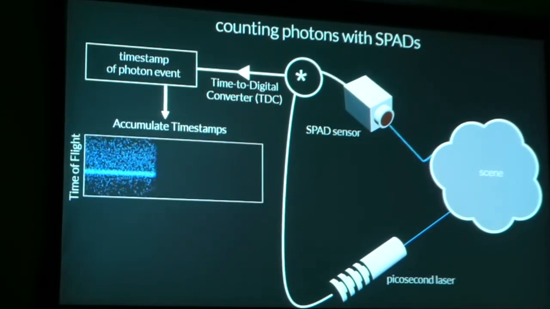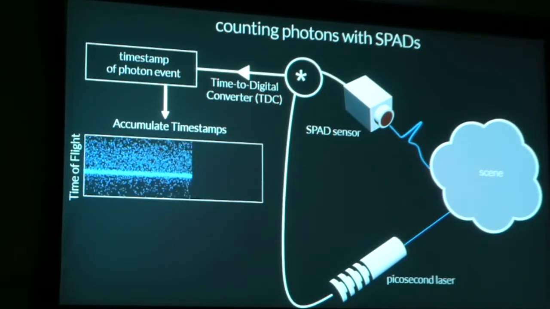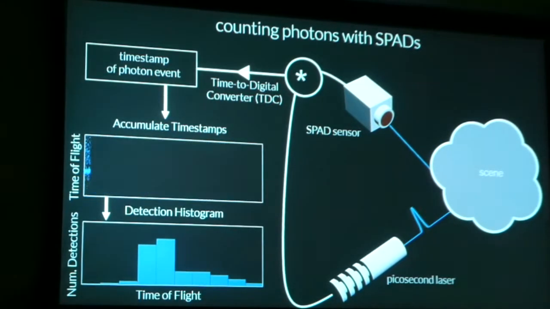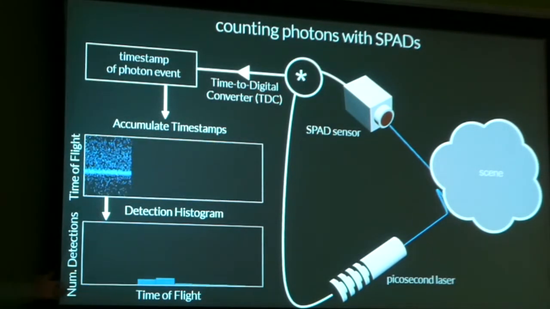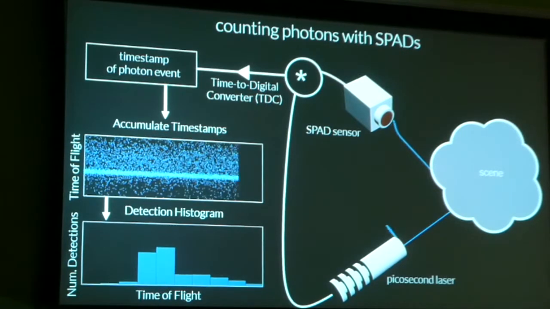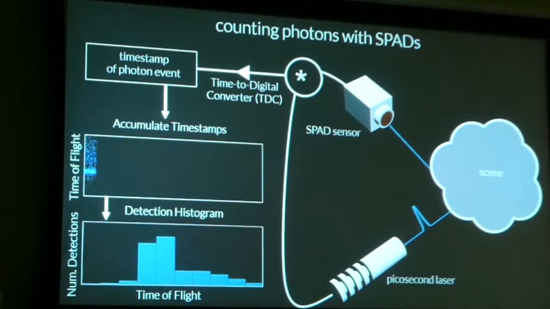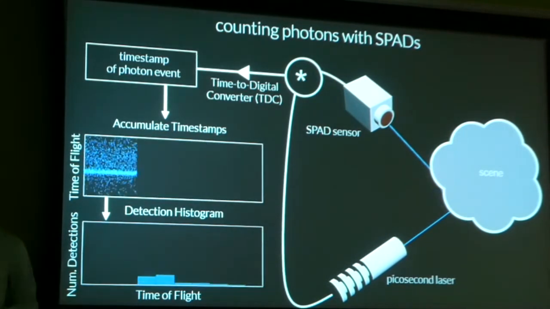And since we're sending out these pulses millions of times every second, we can quickly accumulate all these timestamps in a buffer, and then we can bin them into a histogram based on their time of arrival. So this histogram is just showing the number of detections over time, and you would expect the peak here to basically give you the time of flight, or the distance to that scene point.